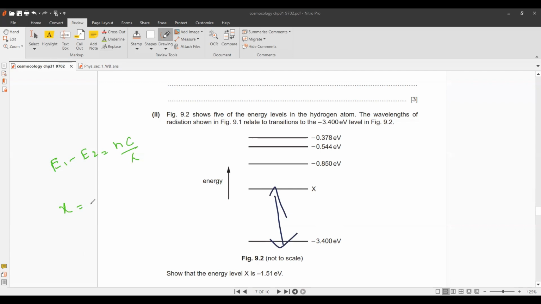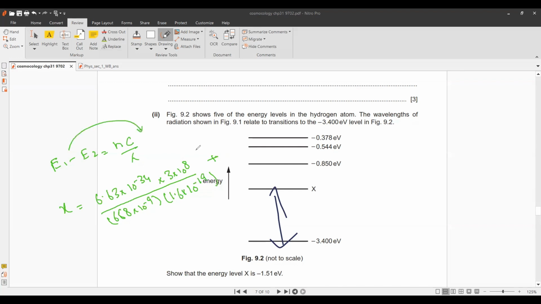So it was equal to 6.63 into 10 raised to minus 34 times 3 into 10 raised to power 8 over lambda, which was 658 nanometer, nano being 10 raised to power minus 9. And we also need to divide it with 1.6 into 10 raised to power minus 19 in order to give our answer in electron volt.